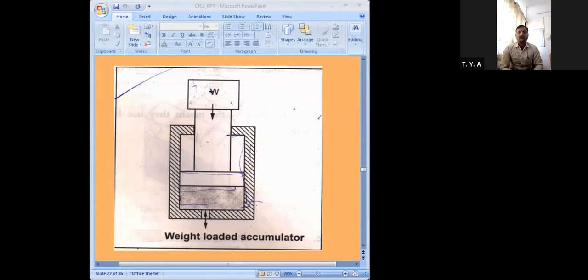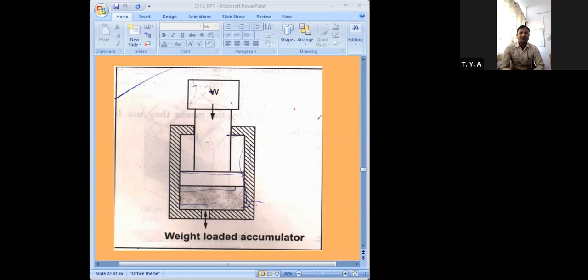I was telling that this type of weight loaded accumulator does not give quick response. Due to that only, this type of accumulator is not used in modern hydraulic systems. Okay, so this is about the weight loaded accumulator.